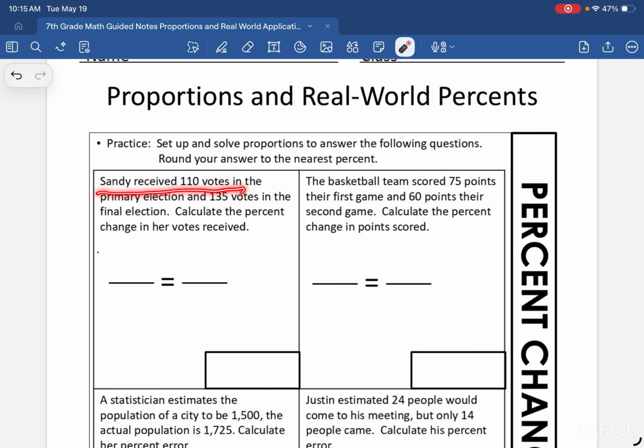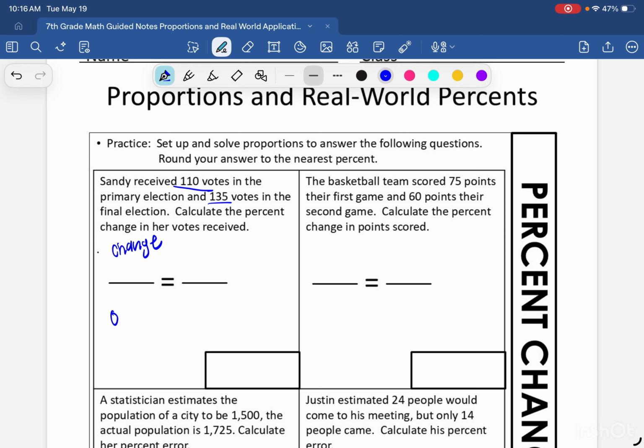Sandy received 110 votes in the primary election and 135 votes in the final election. Calculate the percent change. All right, so we're going from 110 to 135, and I'm calculating percent change. So I need to figure out how much it changed by and what my original amount was. From 110 to 135, that changed by 25 votes, and the original amount was 110 votes.